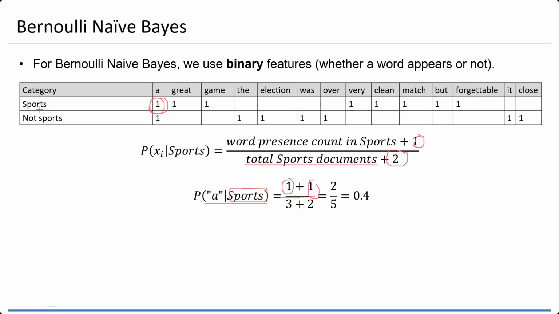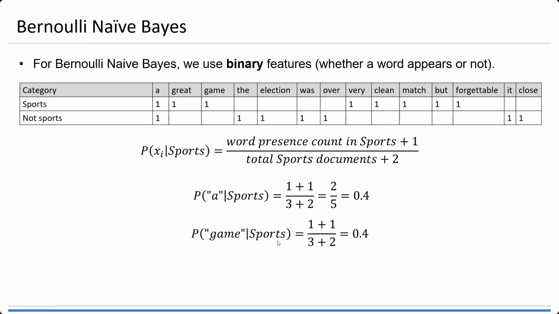We know that there are 3 documents of sports, and then we just put a value 2 to represent there are 2 options of the value, 0 or 1. Sometimes you can set this up with any value to avoid 0, as long as it is higher than 0. So we have 2 divided by 5, then it is 0.4 for the word in the category sports.